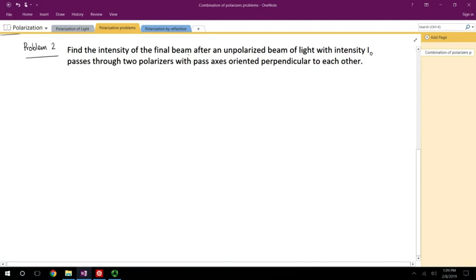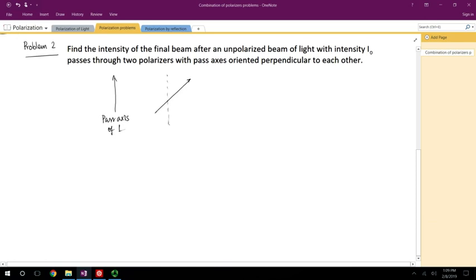Okay, so in order to approach this problem, I'll first draw the polarizer. So let's say that the first polarizer has a pass axis oriented that way, right? So pass axis of 1. The second polarizer has a pass axis perpendicular to the first one, but I'm going to just do this for a more general case and say that the pass axis of the second polarizer is at an angle theta relative to the first polarizer.